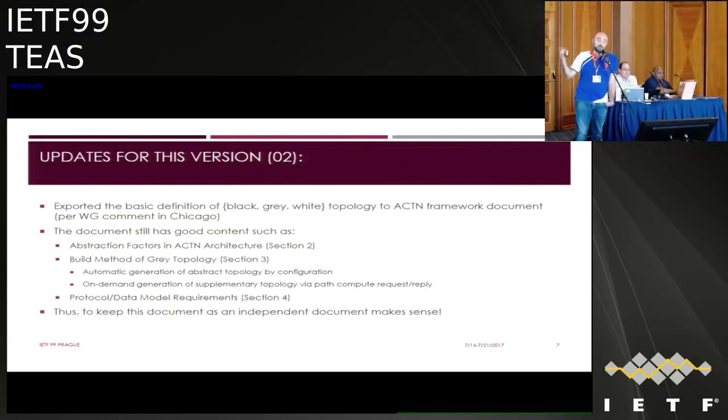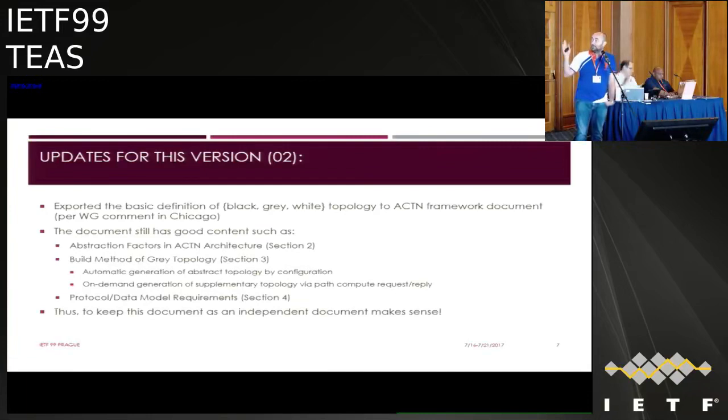The authors believe that there is still enough meat to keep this document as a standalone document, because it still describes abstraction factors in the ACTN architecture. It describes in detail all the different methods that can be used to build a gray topology, because that's a little bit more complex than just simply gray or simply black or simply white.